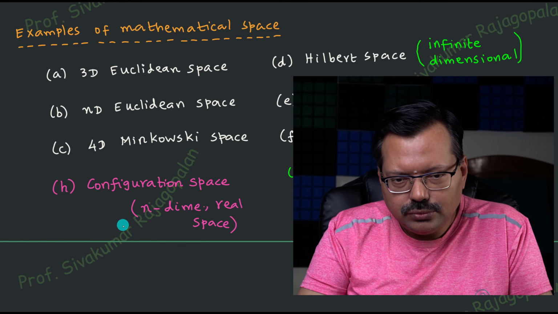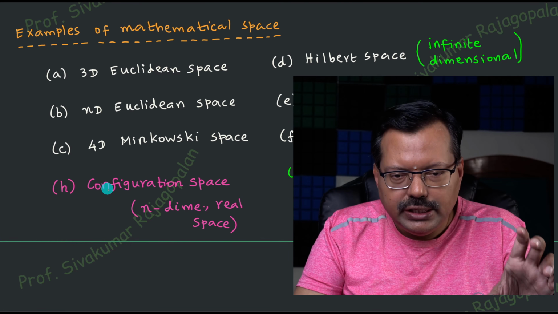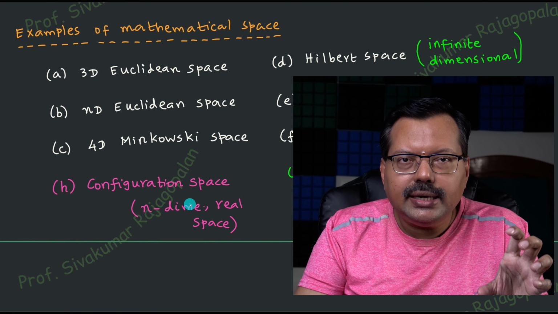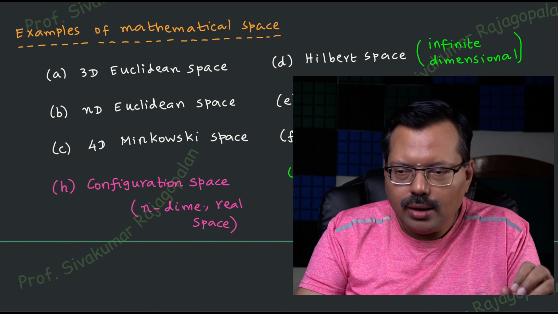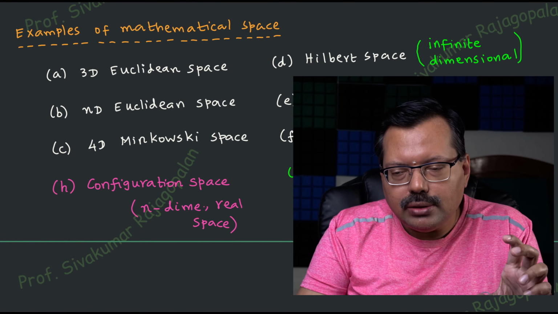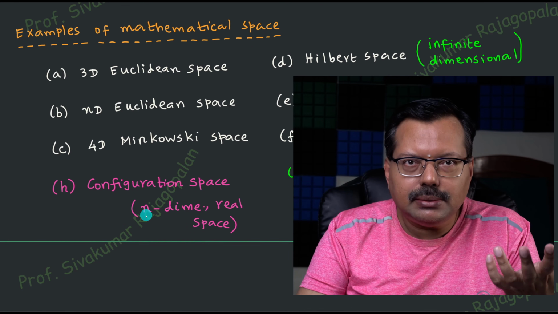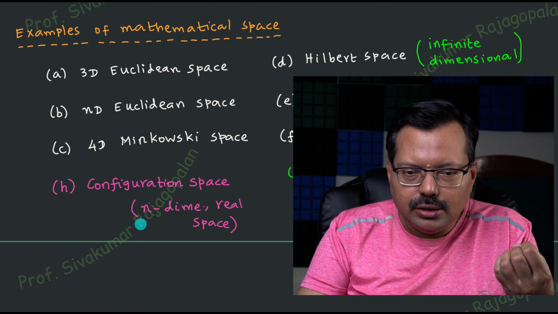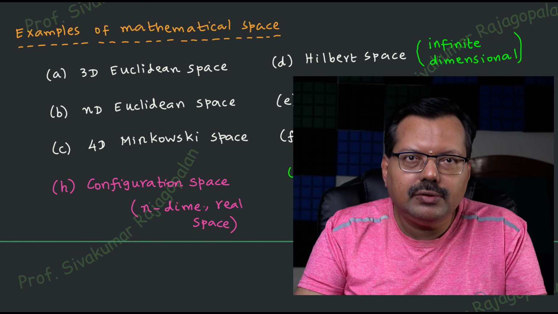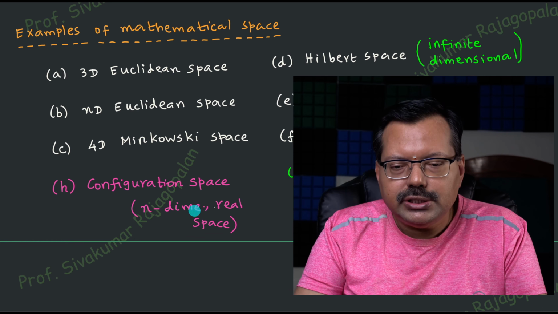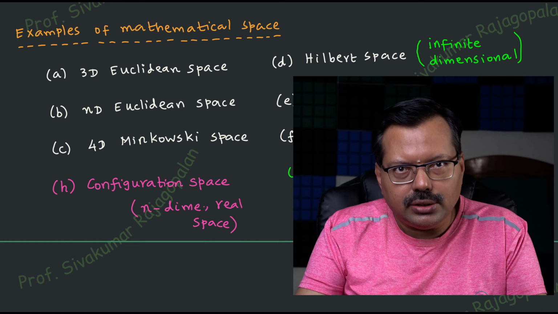For classical mechanics, we need the concept of the n-dimensional real space, known as configuration space, and also the phase space, which is nothing but double this number. If the configuration space dimension is n, then the phase space dimensionality will be 2n. If this is 100, that will be 200. The doubling will be there.